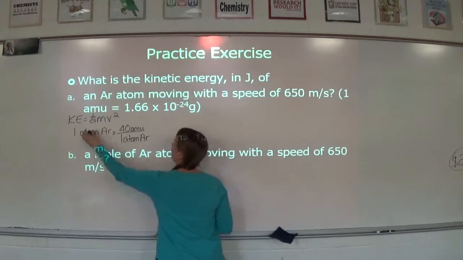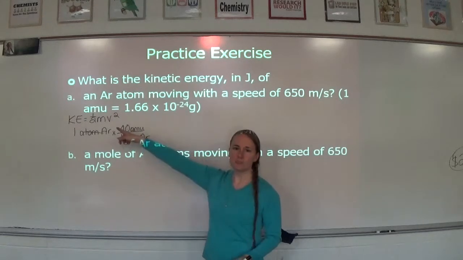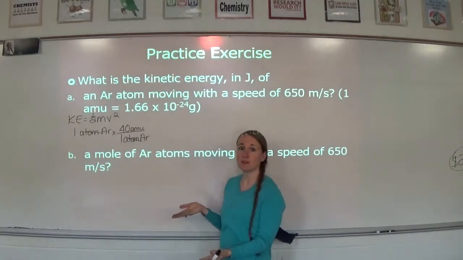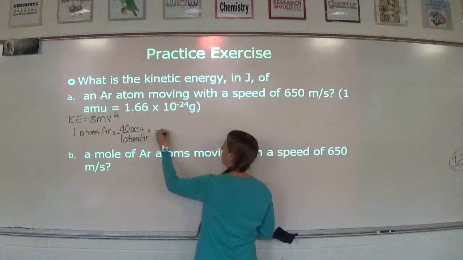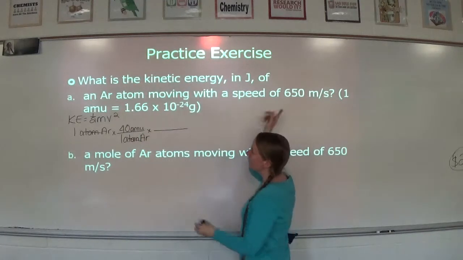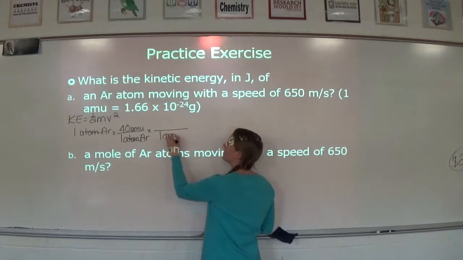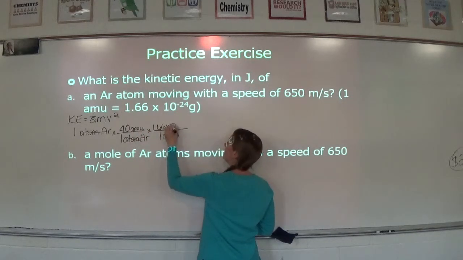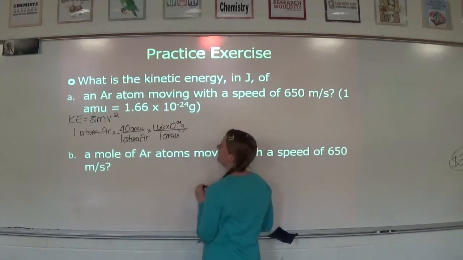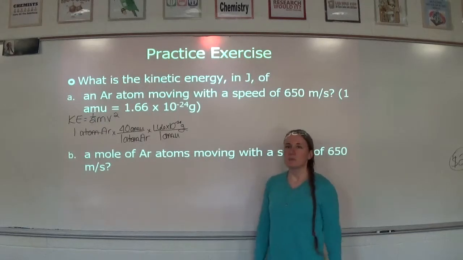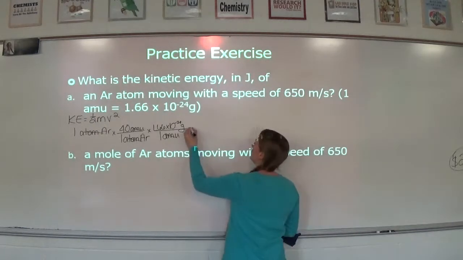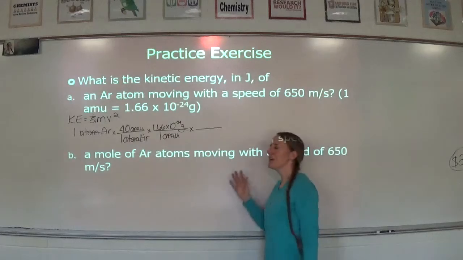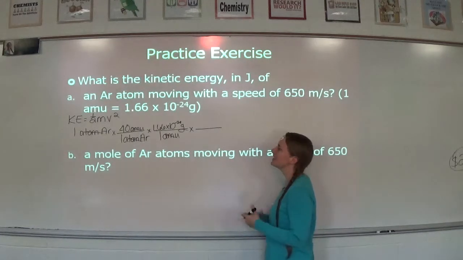But the problem is we can't plug AMU into this formula. Remember, for mass, I told you have to have kilograms. So how can we get there? Well, I gave you the hint that 1 AMU, so golden rule says I'll put AMU on bottom, equals 1.66 times 10 to the negative 24 grams. So that'll give me the grams, but I still have to get the kilograms. So just keep on going. Y'all know I love converting, so you know I love doing this.